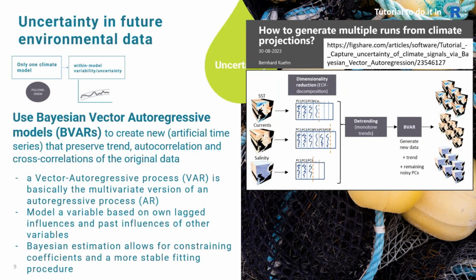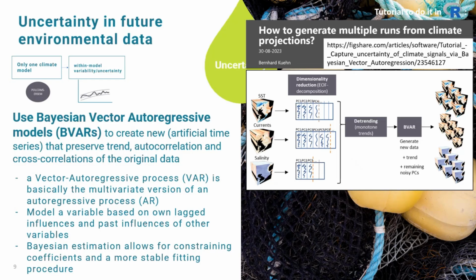And what I did here to do it for spatial temporal fields is first to do a PCA. We talked about it earlier in my talk. So putting in like the raw data fields, like the SST, the currents, and salinity would be overkill, because you might have like 3,000 or 5,000 grid points and a very, very large model to fit.